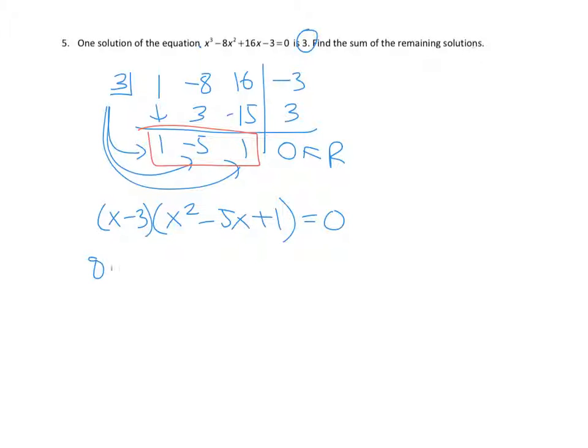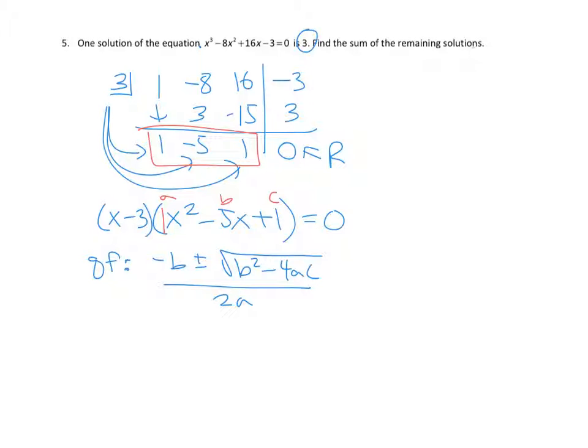So the quadratic formula, remember, is the opposite of b plus or minus the square root of b squared minus 4ac over 2a. So in this case, a is 1, there's your a, b is -5, c is 1.